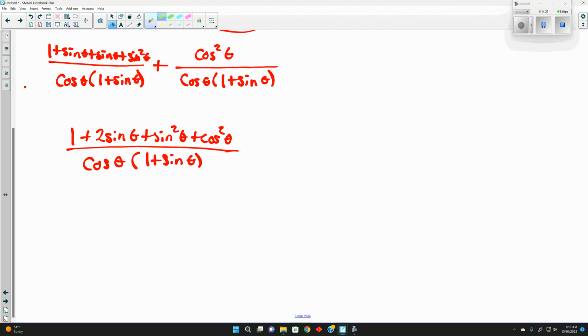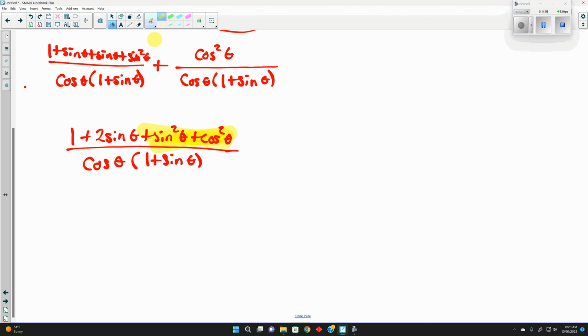Now the next kind of thing is looking at this here. Well, we need to simplify, yes? And it looks like we've got more than just 2 times 1 plus sine of theta, yes? But do we have any of our trigonometric properties here? We have this here, don't we? Because what is sine squared plus cosine squared? 1.